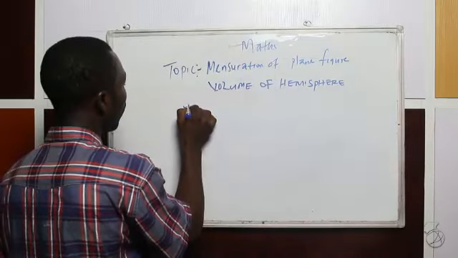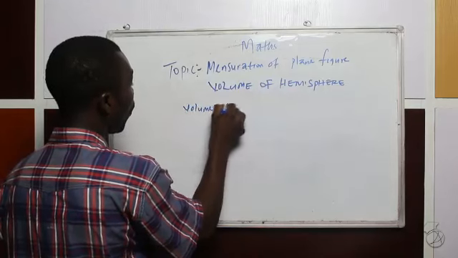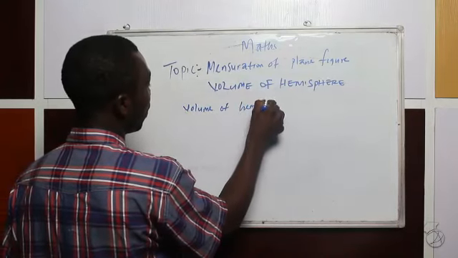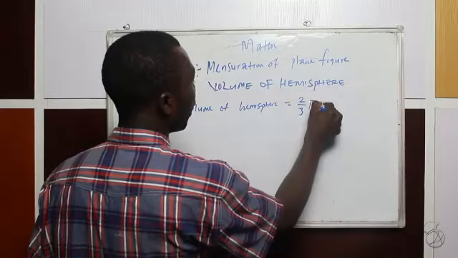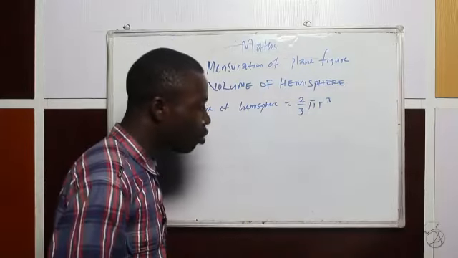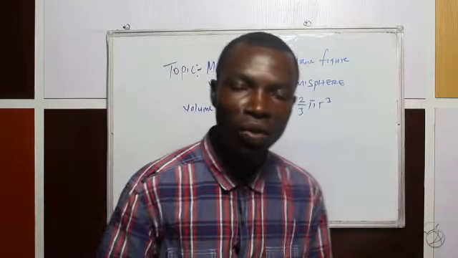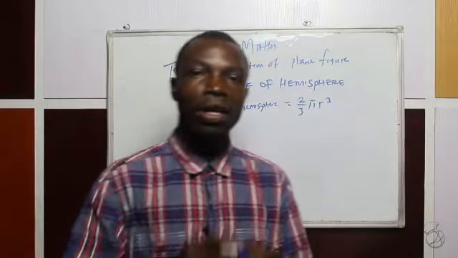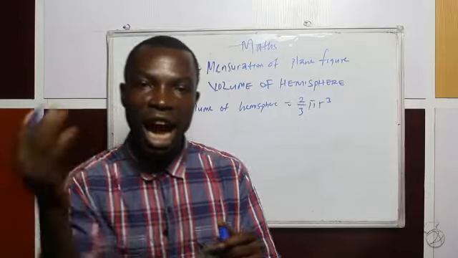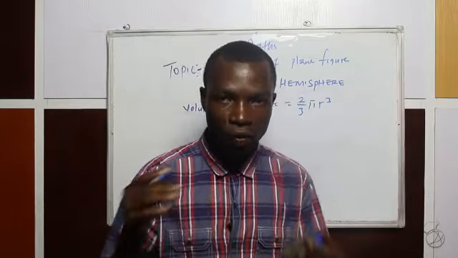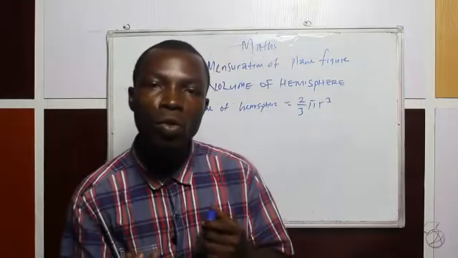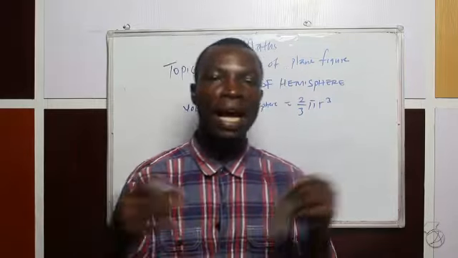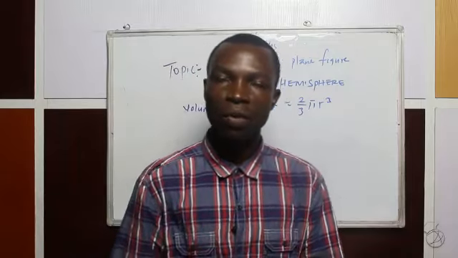The volume of a hemisphere is given as 2 over 3 pi r cube. How do we get 2 over 3 pi r cube? I told you before that a hemisphere is half of a sphere. So the volume of a sphere is 4 over 3 pi r cube, while the volume of a hemisphere is 2 over 3 pi r cube. That is the formula.